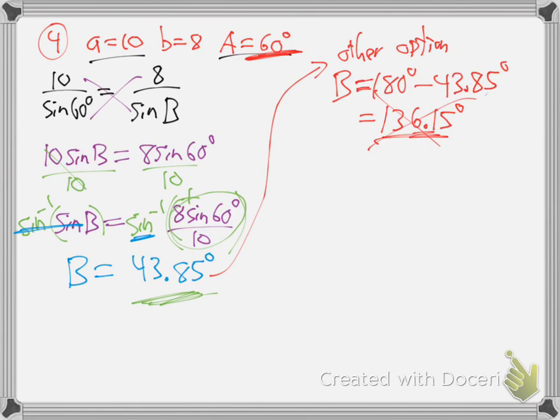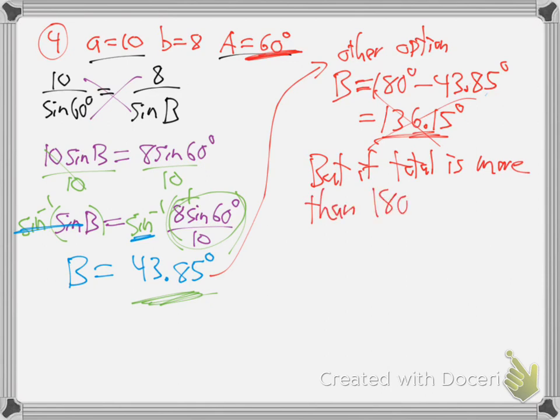So let me write that out. If the total is more than 180 in the triangle, cross it out. So that's the deal, right?